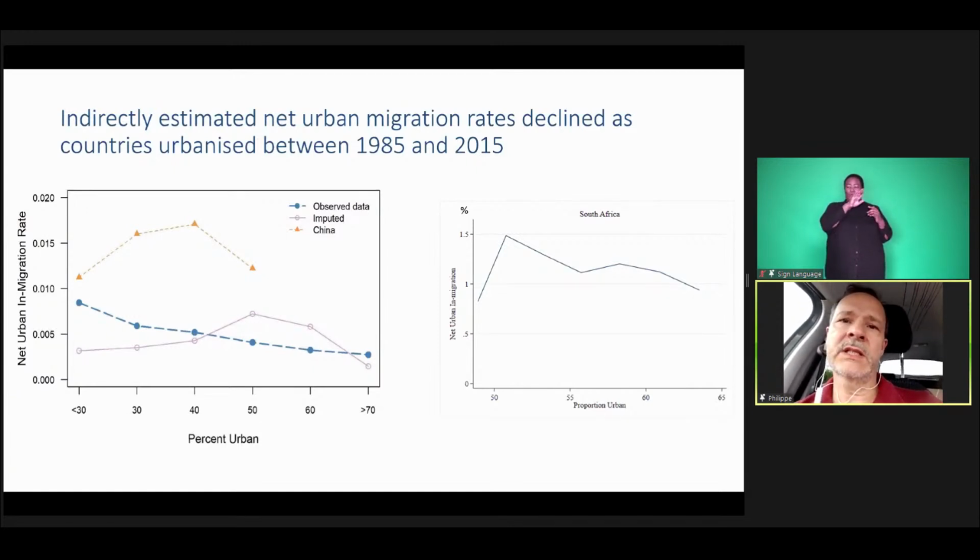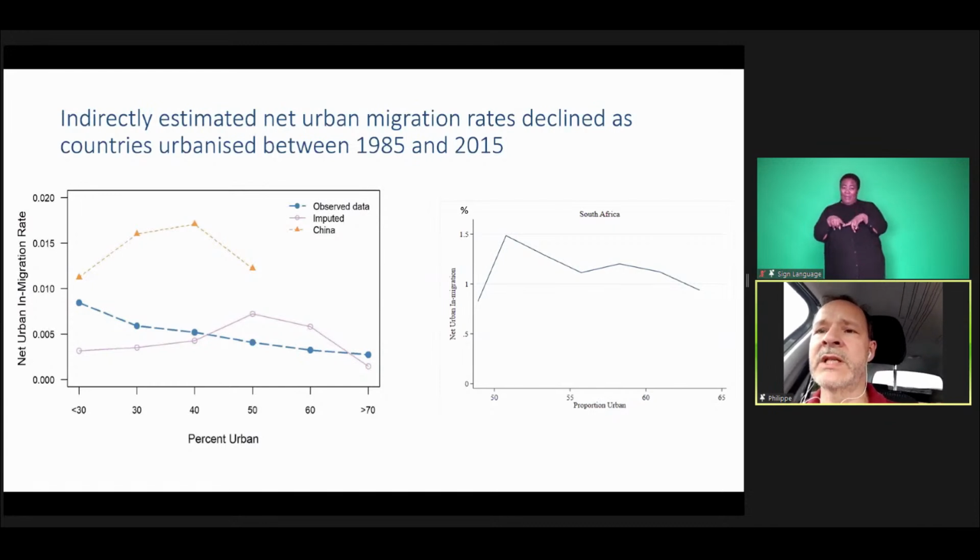You can see that the net migration rate to the benefit of urban areas is declining from a little less than 1% to a little more than, say, 2 or 3%. The other estimates are for China, which has a very peculiar trend compared to other countries, and the purple curve represents countries with imputed data, so less reliable data.